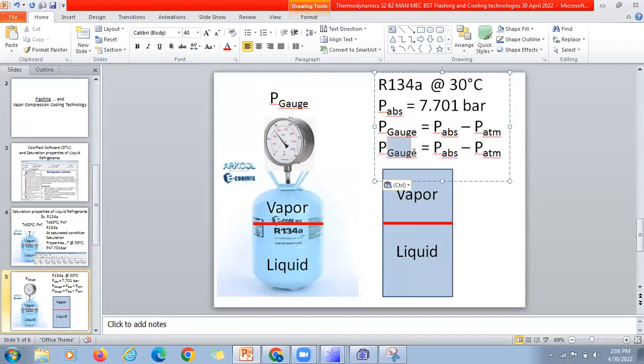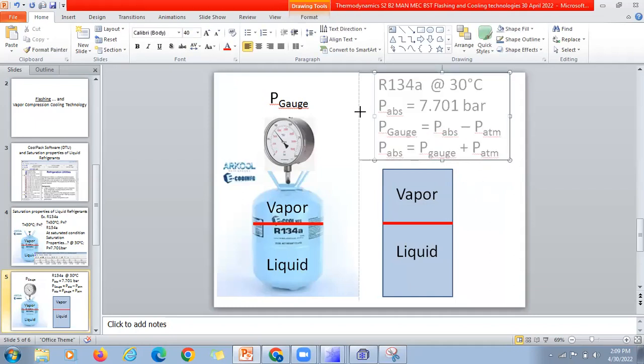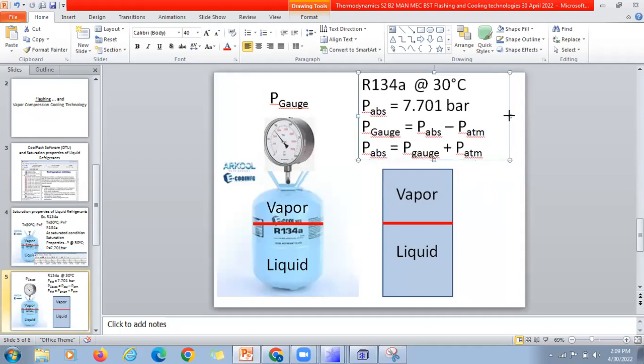Atmospheric pressure is measurable with a barometer, there are ways and means of measuring atmospheric pressures.